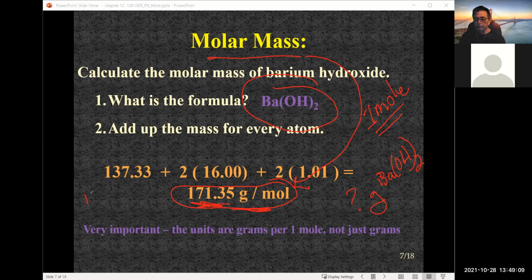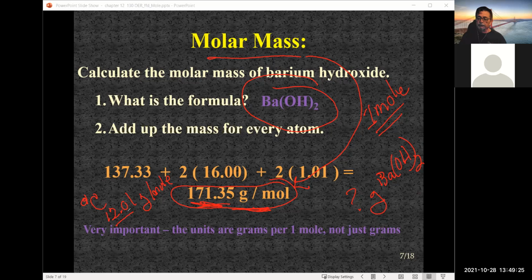The carbon, if you remember, only weighed 12.01 grams per mole. And so I only needed to weigh out 12.01 grams of carbon to give me 1 mole.